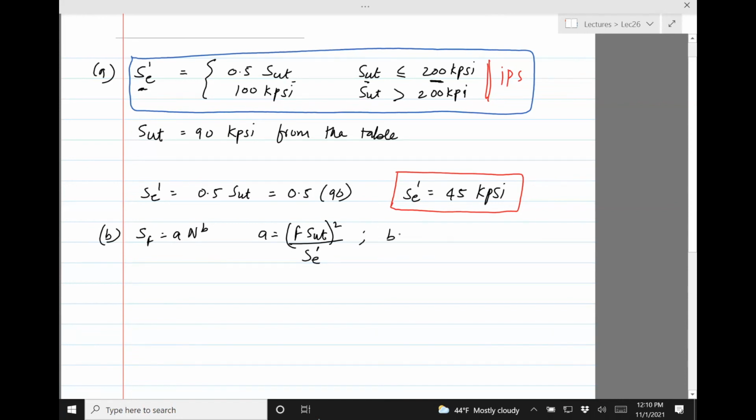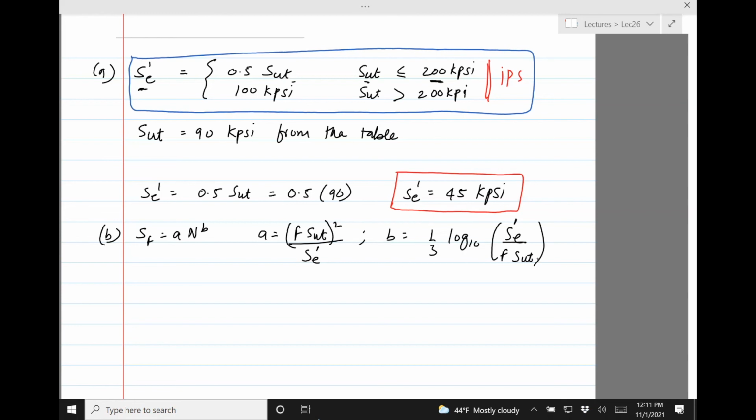And then B is 1/3 log to the base 10 of the ratio SE divided by f times SUT. Okay, so we have SUT, we have SE prime, we don't have f, the fraction.